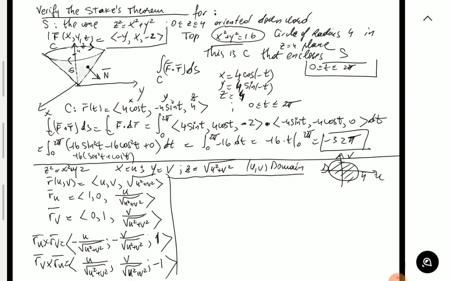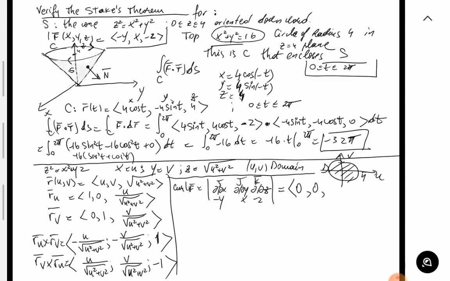Well, I need the curl of the vector field. So the curl of f, let's set up again our symbolic determinant for the curl. Components are minus y, x, negative 2. This is going to be quite easy. First component of the curl will be 0, 0 minus 0. Middle component partial x of minus 2 minus partial z of negative y, which is 0 again.